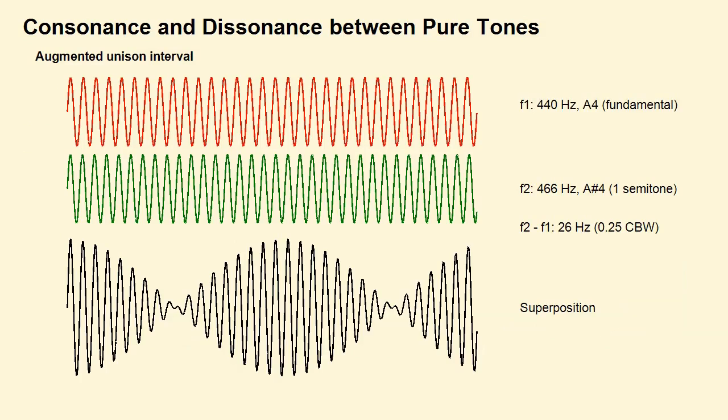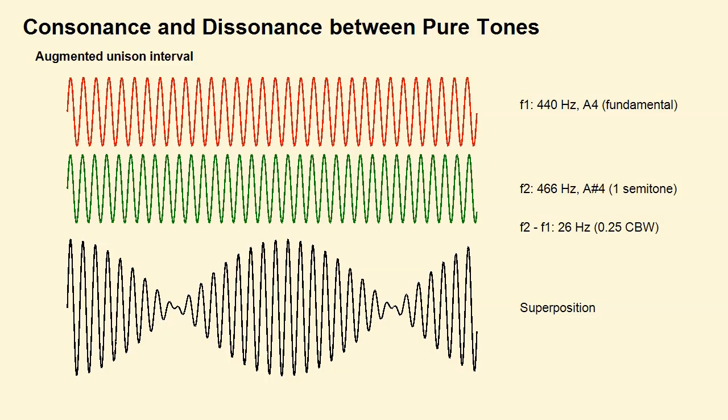We start with the augmented unison interval, minor second. Note that the first sound, as for the rest of the intervals considered, corresponds to the reference A4 of 440 Hz, and that the second one is A sharp 4, which has a frequency of 466 Hz, 26 more than the A4, which corresponds to an extension of 0.25 times the critical bandwidth of 105 Hz for this A4.